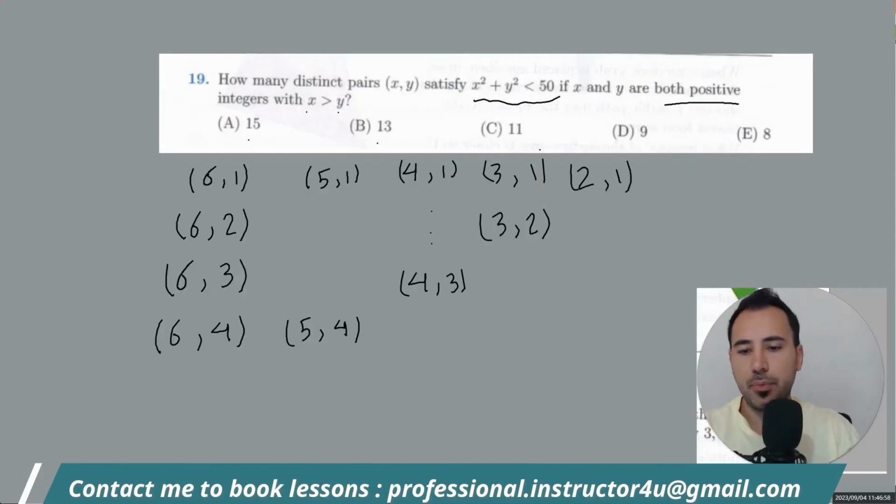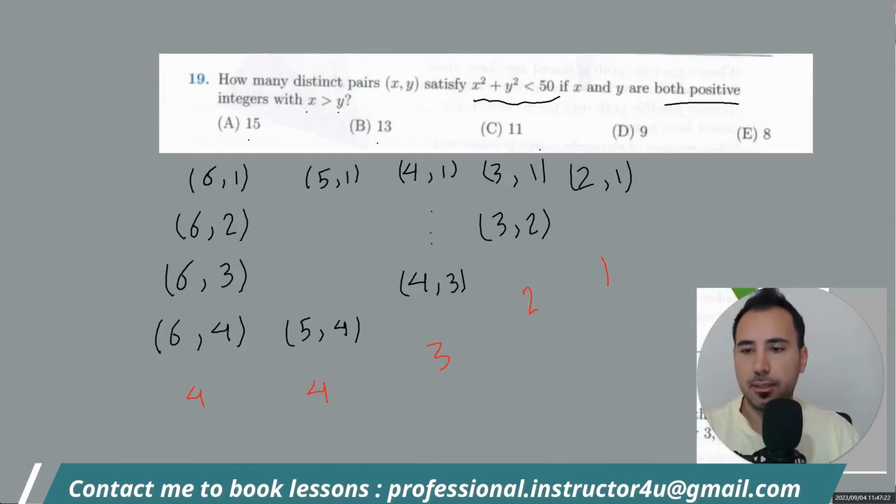I wrote all of them. So we just have to count. This is 4. This is another 4. This is a 3, a 2, and a 1. So 3, 3, 6, 10, 14. So we have 14. That means we have missed one of them.